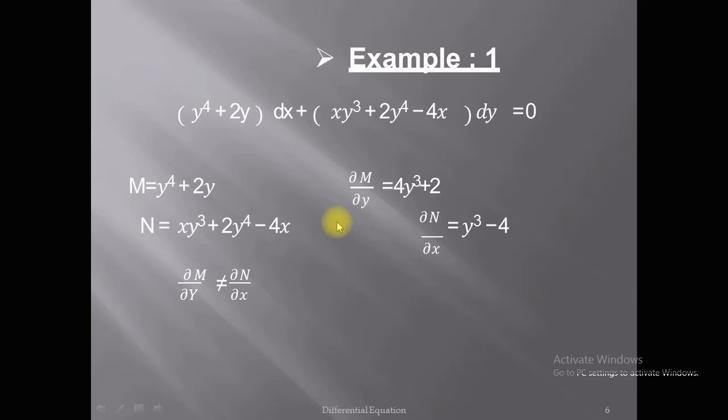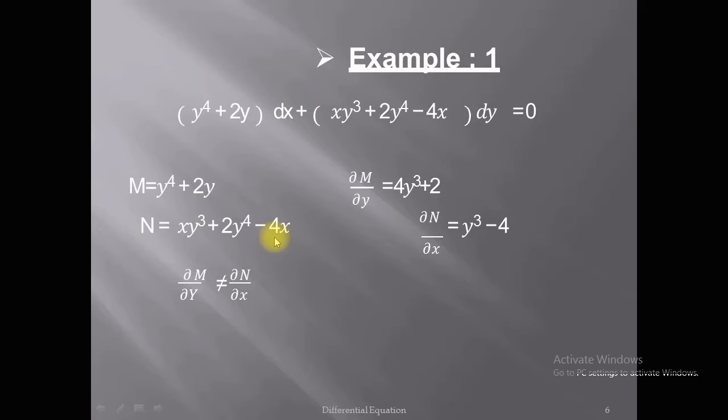Now find the partial derivative of M with respect to y. With respect to y, using the power rule, the derivative of y^4 is 4y^3, plus the derivative of 2y with respect to y is 2. So partial M by partial y is equal to 4y^3 + 2.